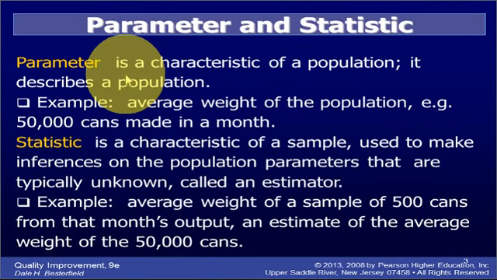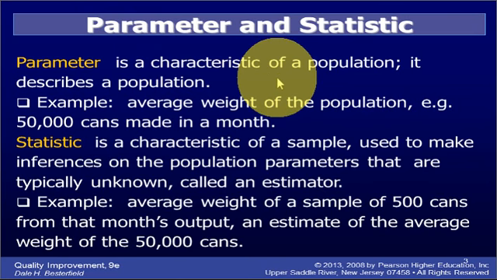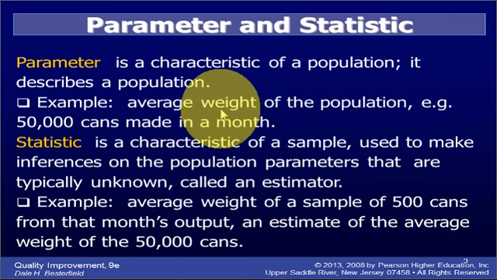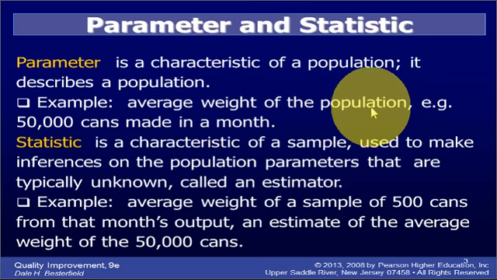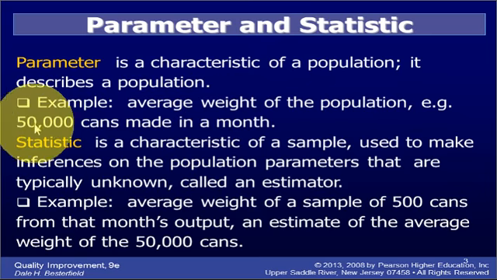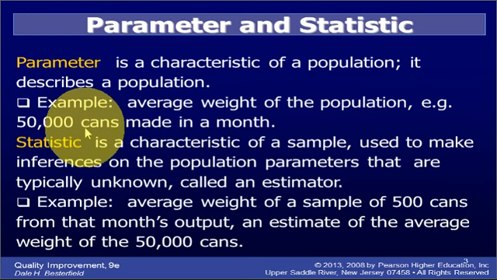So the parameter is a characteristic of a population. It describes a population. For example, the average weight of the 50,000 cans made in a month. So this is all the cans that are made in 1 month, and this is the whole set that I'm interested to examine.